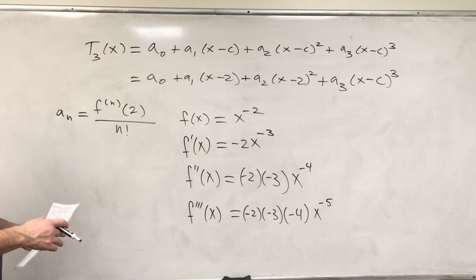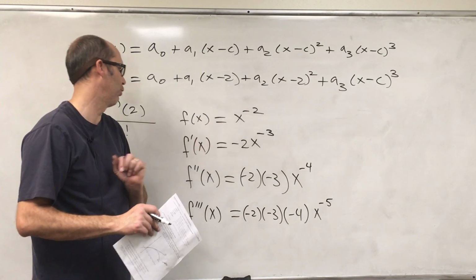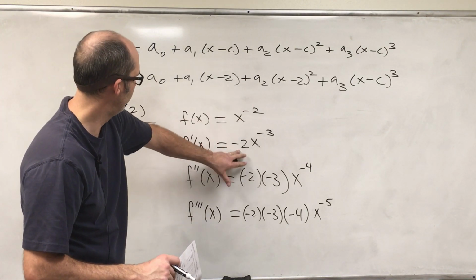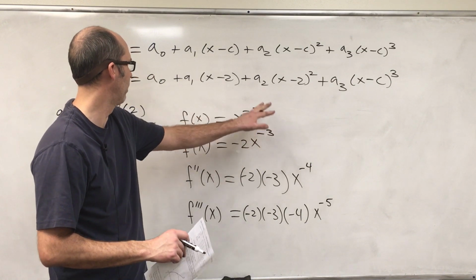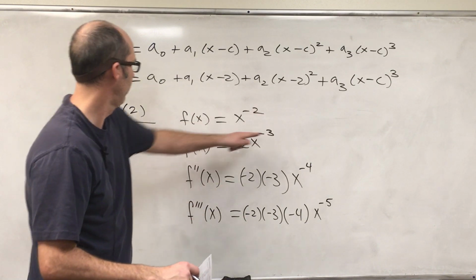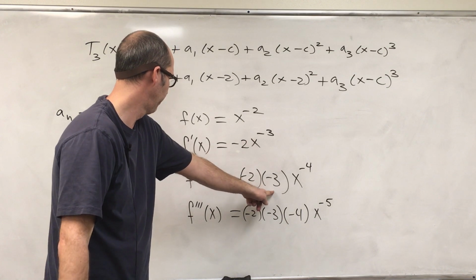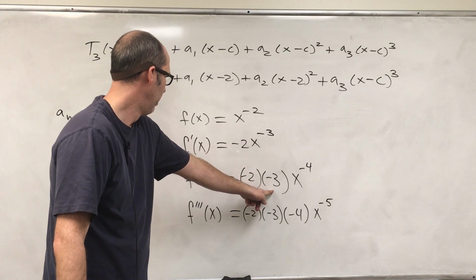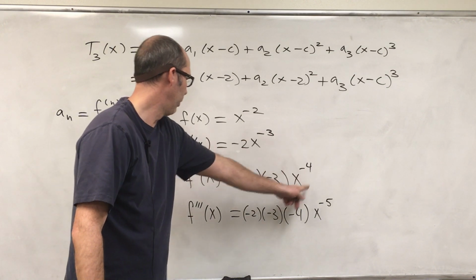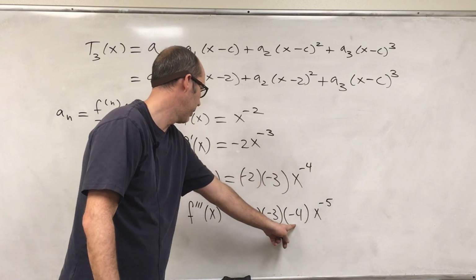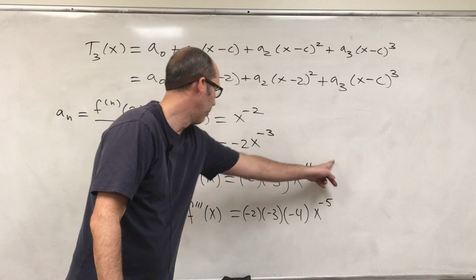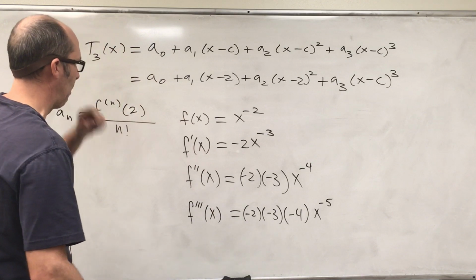Let's check our work. f of x was x to the negative 2. Brought down the negative 2, decrement by 1, so negative 2 minus 1, negative 3. Negative 3 minus 1 is negative 4. Brought that down. Negative 4 minus 1 is negative 5. Okay.